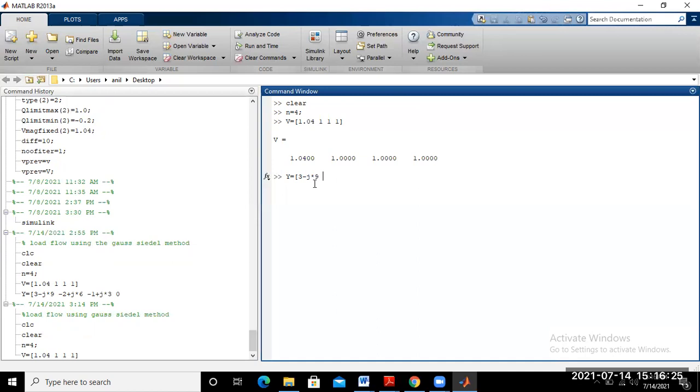Next is your minus 2 plus j into star 6. Okay. Next element is your minus 1 plus j into 3. This star represents the multiplication symbol. Okay.